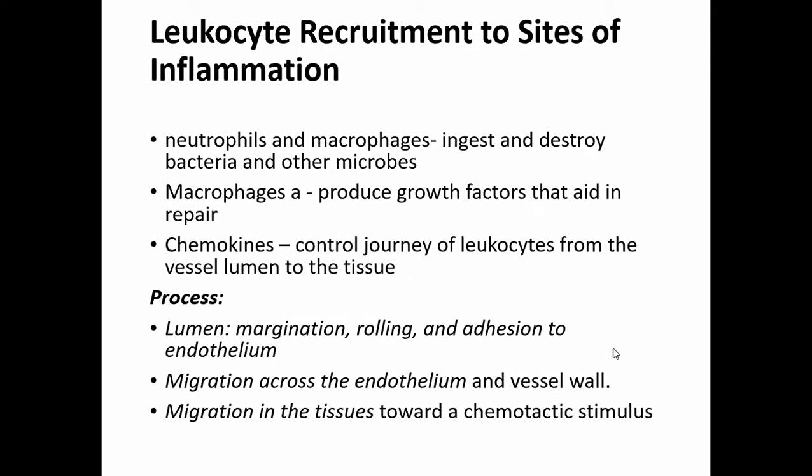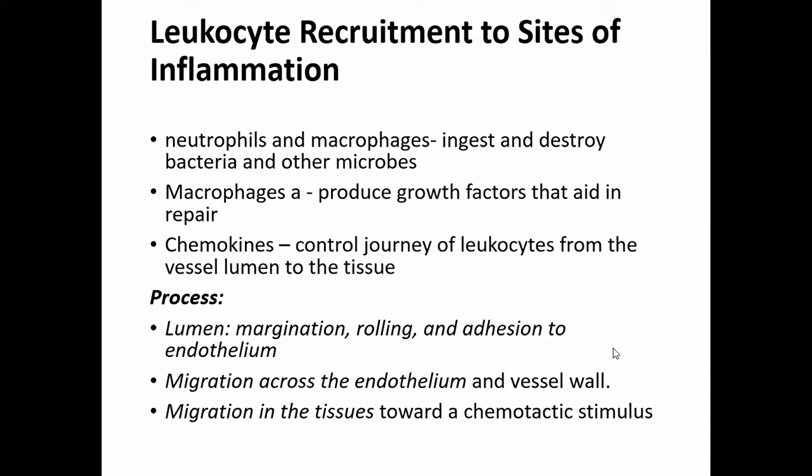So leukocytic recruitment. The changes in the blood flow and the vascular permeability are followed by the influx of leukocytes into the tissues. So the leukocytes go out of the blood vessels to the infected area. So they perform the key functions of eliminating the offending agents.